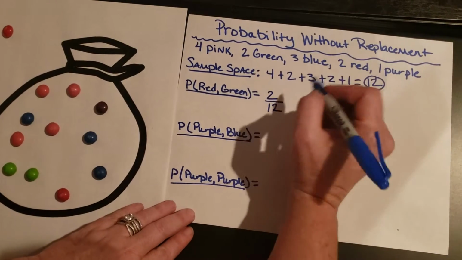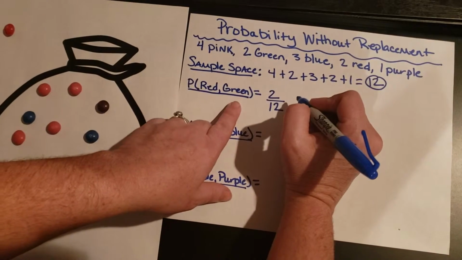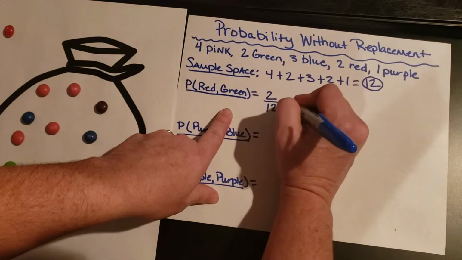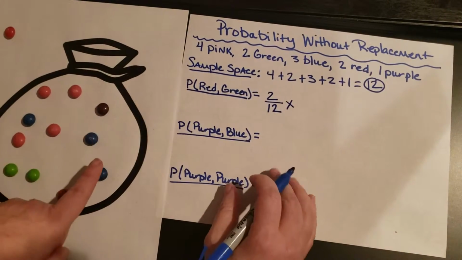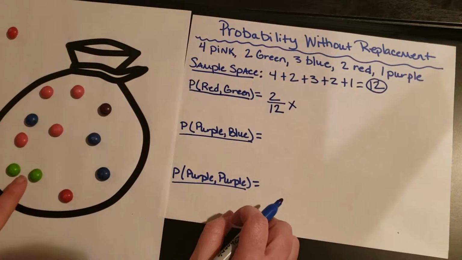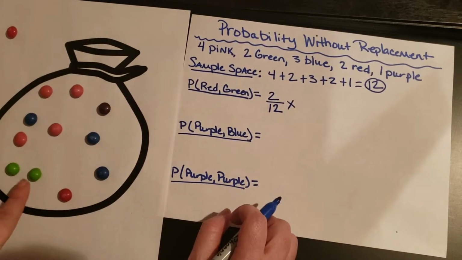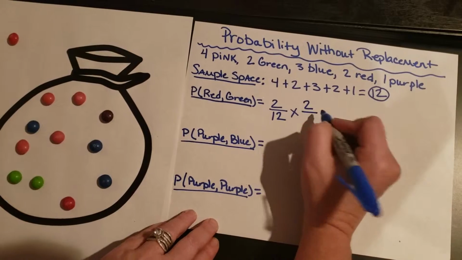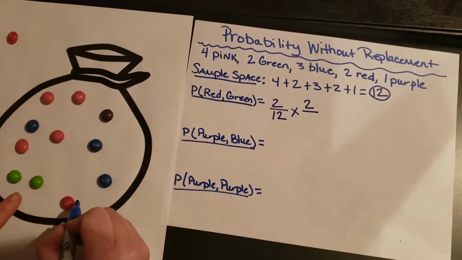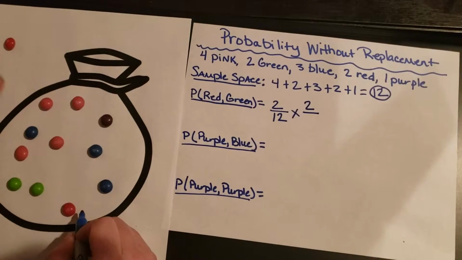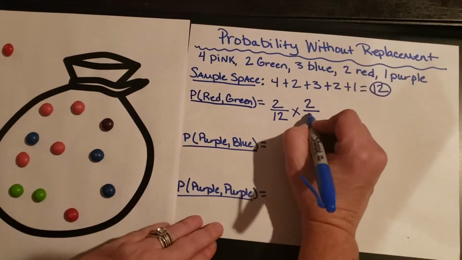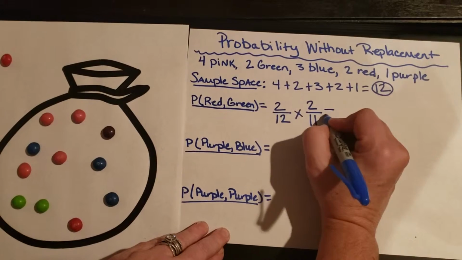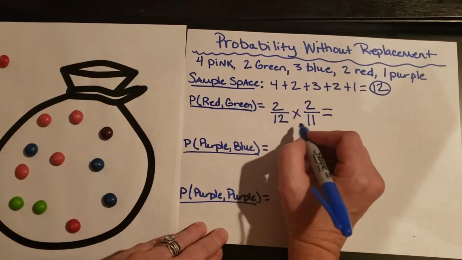Now we're going to find the probability if we then drew out a green. We're going to count green. We got 2 green, so we're going to put 2 here. And then we no longer have 12 in the bag since we took 1 red out. We now have 11, so we put 11 here. Then all we're going to do is multiply these two together, basic multiplication.